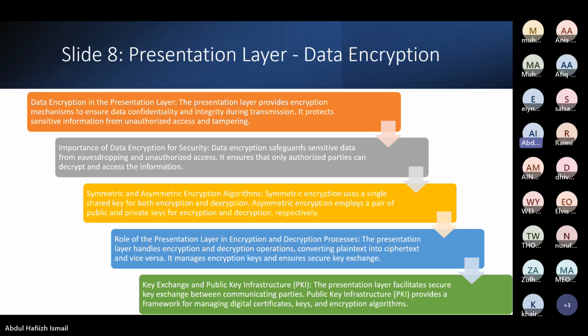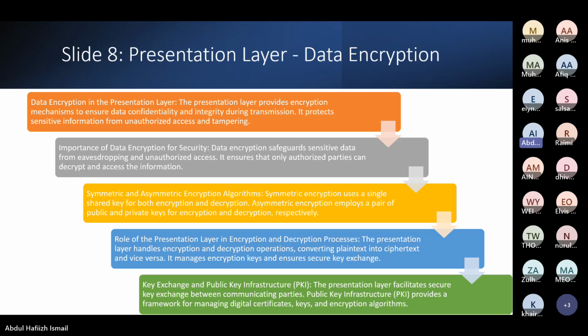And symmetric encryption algorithms such as AES, Advanced Encryption Standard, and DES, Data Encryption Standard, are known for their efficiency and speed. However, the challenge lies in securely exchanging the shared key between communicating parties.